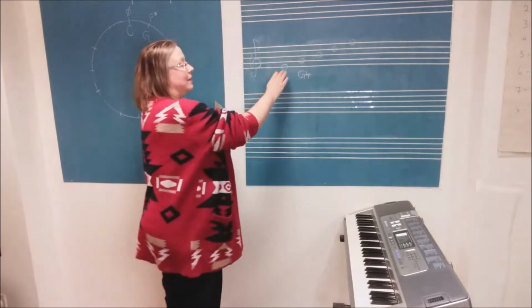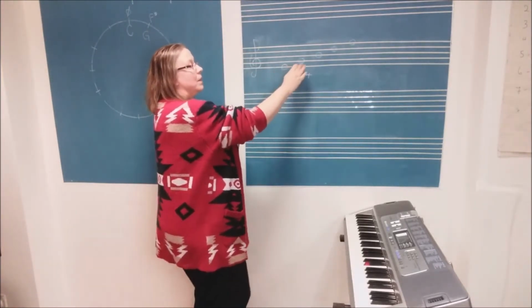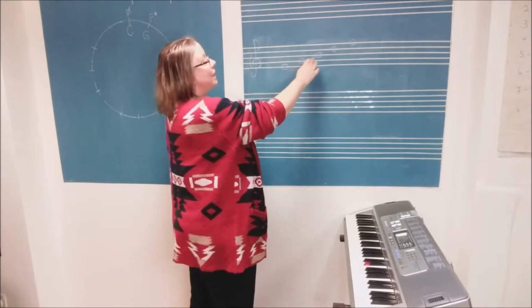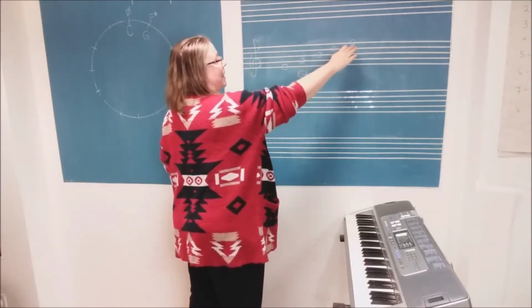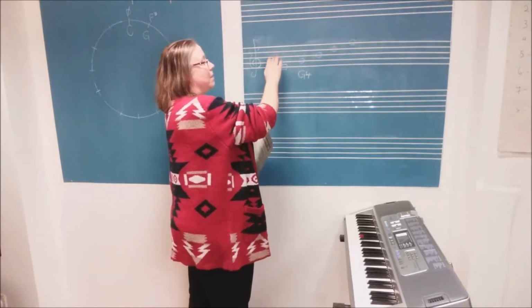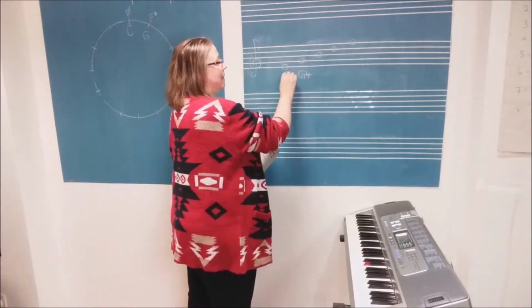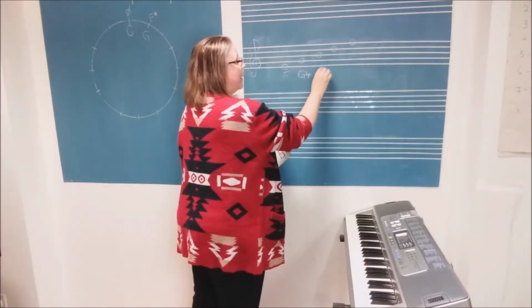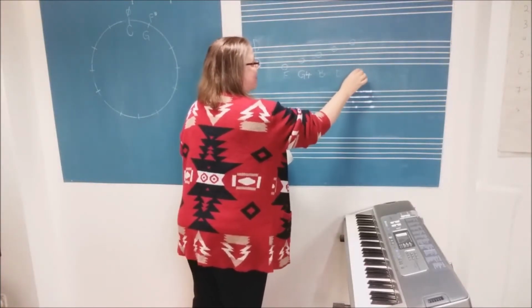The rhyme that I use a lot is E for every, G is green, B is bus, D is drives, and F is fast. Every green bus drives fast. So E, G, B, D, and F.